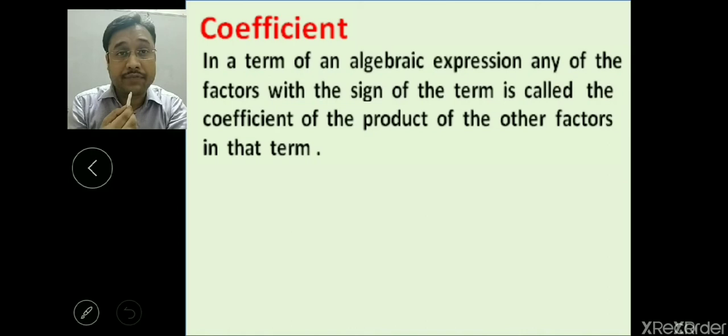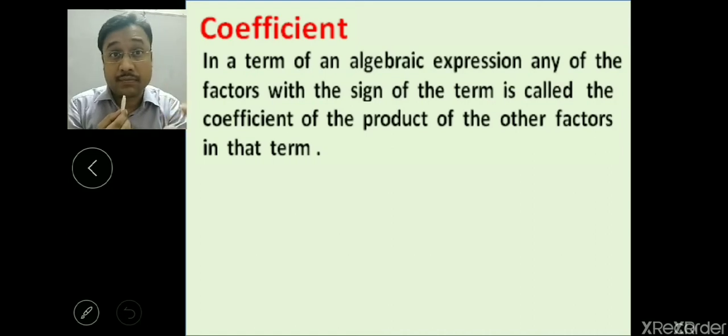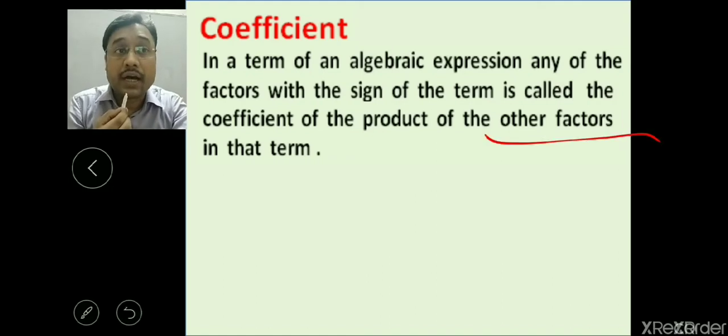So any factor you select, with the sign of the whole term, is called the coefficient of the product of the remaining factors.